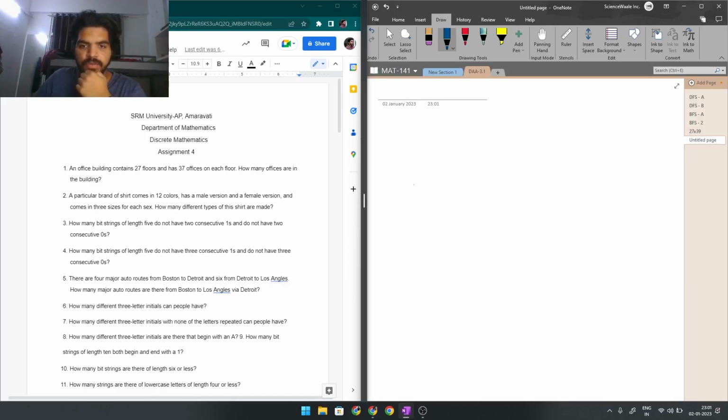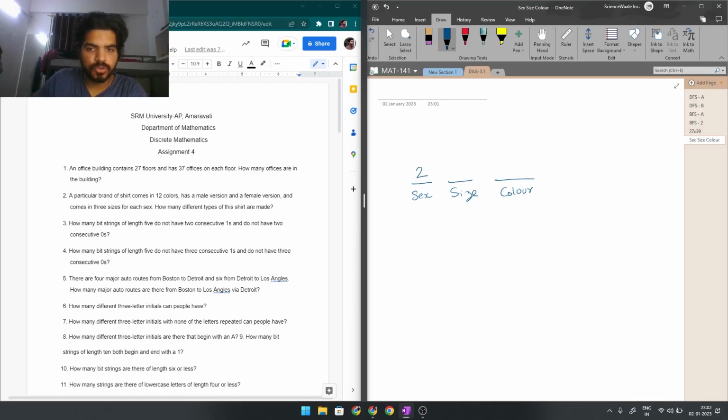First, for identifying each different kind of t-shirt, we have the trait of sex: is it a male or a female one? Then size, and then color. So we have to check all the combinations to segregate them all.